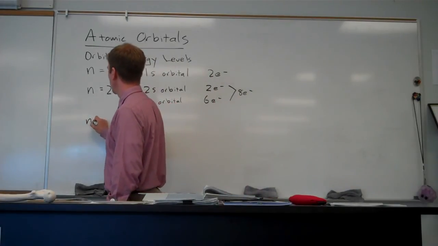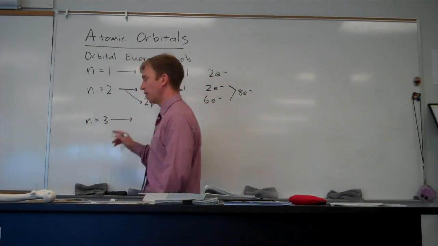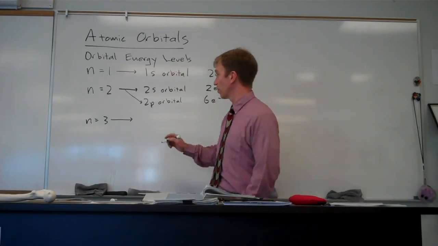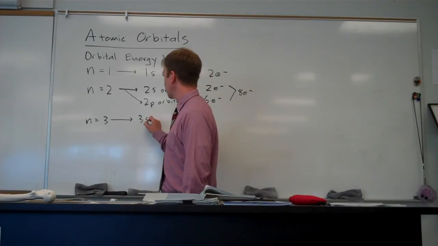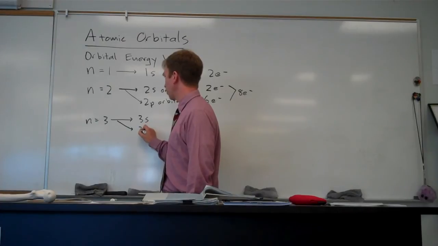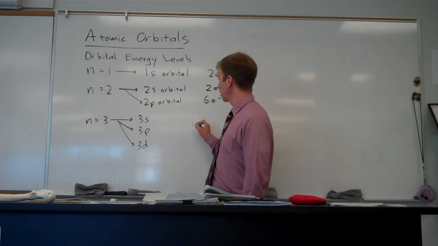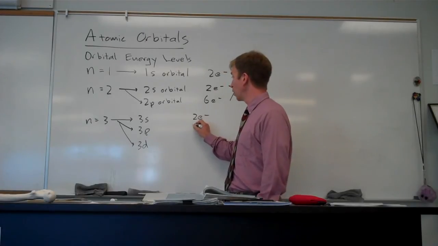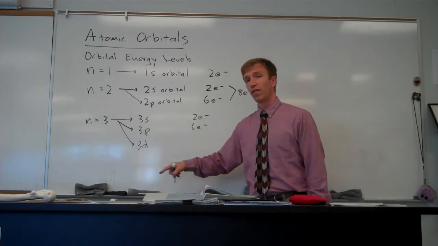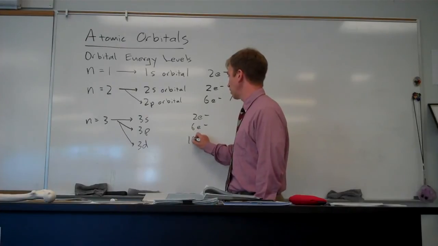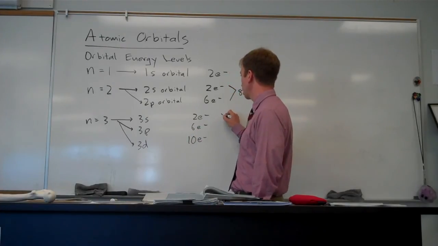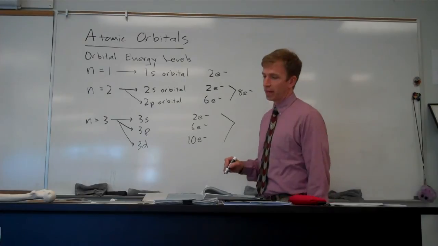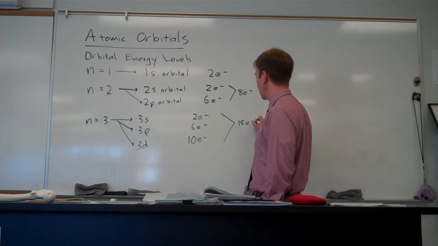A similar thing is true for the third energy level. As you go another orbital further from the nucleus, there's a 3s orbital, there's a 3p orbital, and there is a 3d orbital. Again, the 3s orbital holds 2 electrons, the 3p orbitals hold 6 electrons total, and since there are 5 d orbitals, the 3d orbitals hold 10 electrons, which means that at the third energy level, there are a total of 18 electrons.